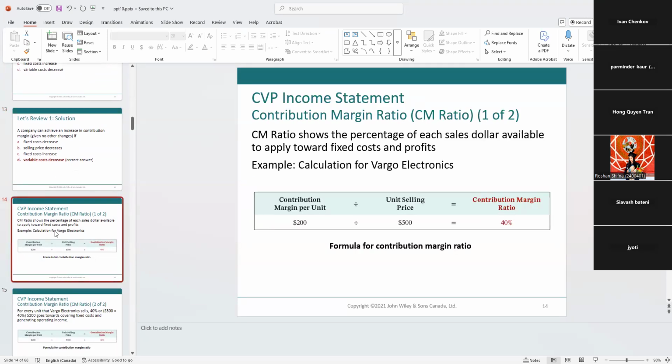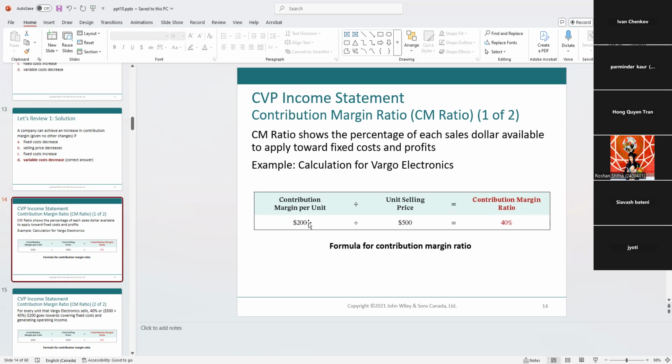Contribution margin ratio. How will be the contribution margin ratio? Well, that will be a percentage, knowing that sales are always 100%. So our 100% is sales price. The question is, how much is the variable cost out of sales and how much is the contribution margin out of sales?